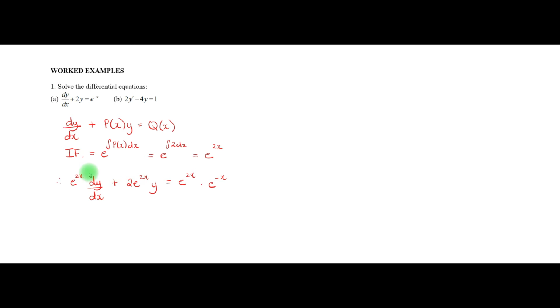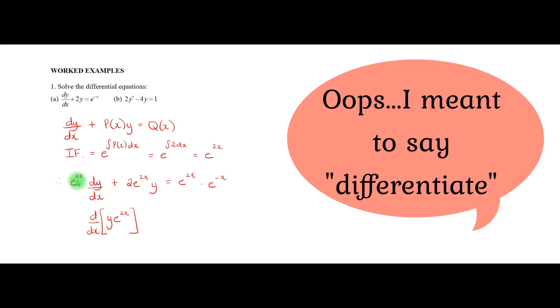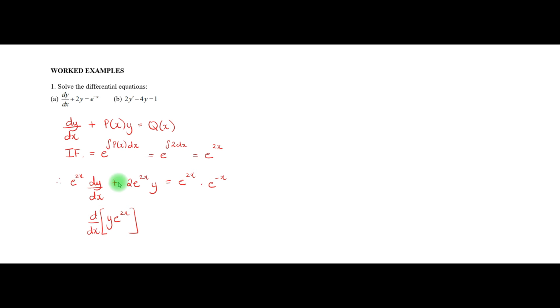Now, what you have on the left is actually the product rule of, and it always works this way, d/dx of y times the integrating factor. That is what is on the left, right? And you can check it. If you had this product to differentiate, you would keep the second, differentiate the first, plus keep the first times differentiate the second.